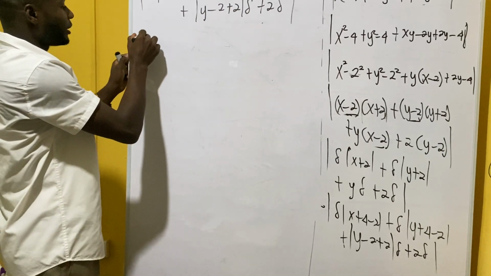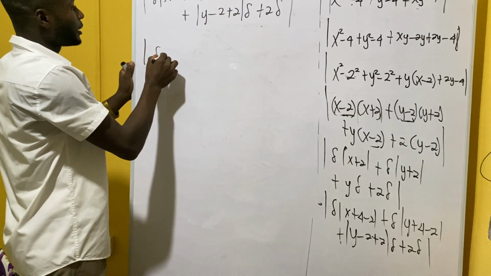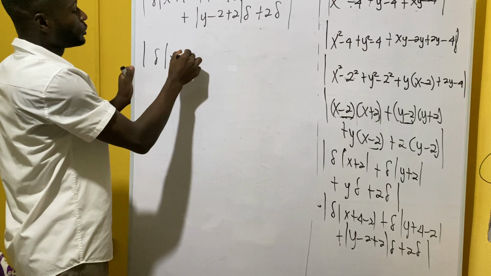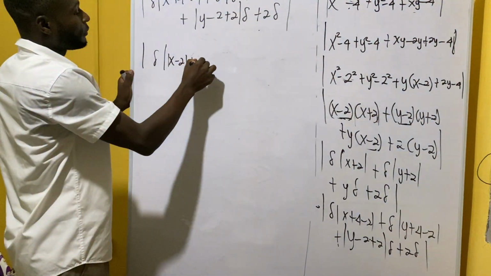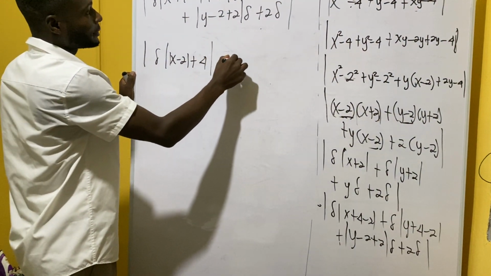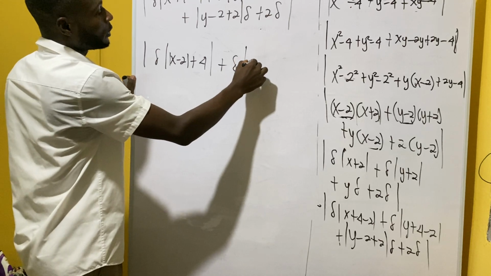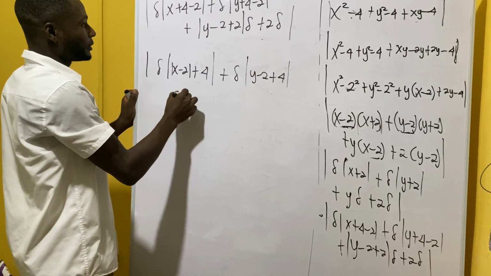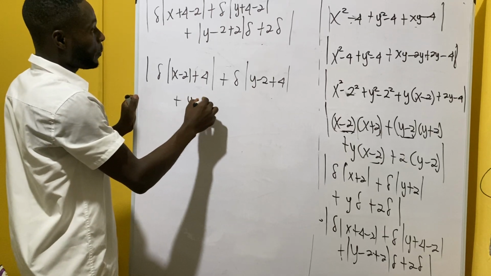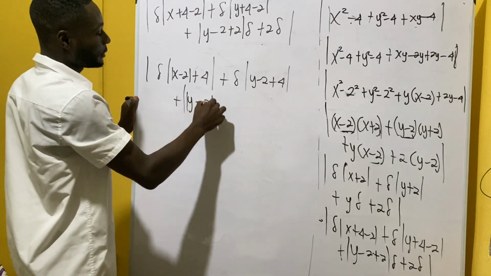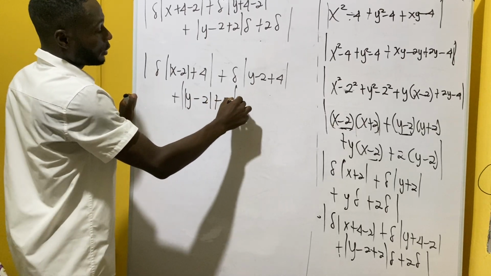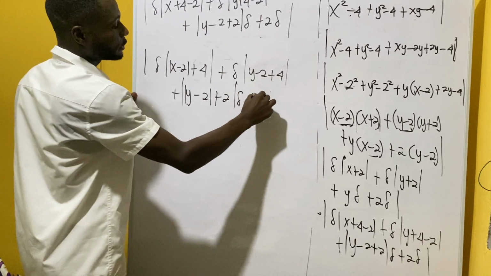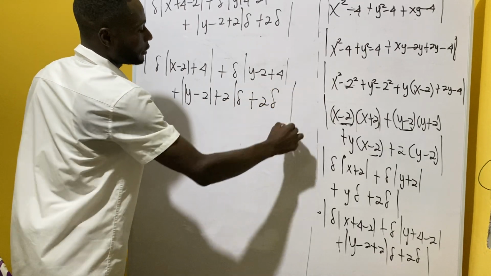So we can say that we have absolute delta multiplied by s minus 2 plus 4 plus delta multiplied by y minus 2 plus 4 plus y minus 2, right? Plus 2 delta, right?